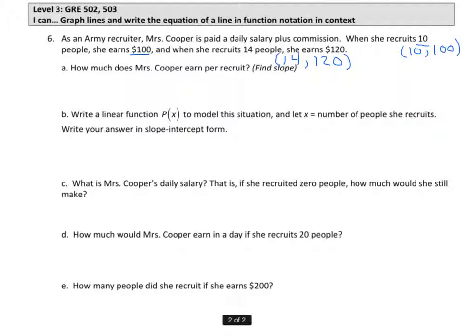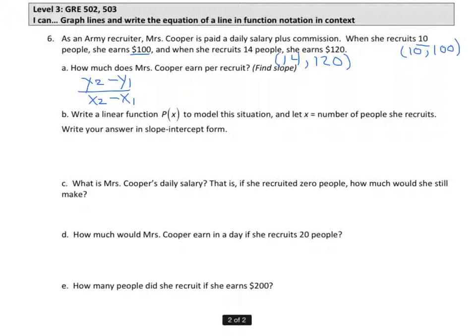Now, how much does she earn per recruit? The hint is to find the slope. Basically, we're going to use those 2 points that we just found, and we're going to use the slope formula. Y2 minus y1 over x2 minus x1.